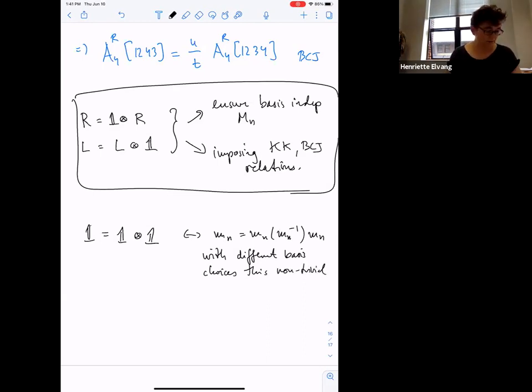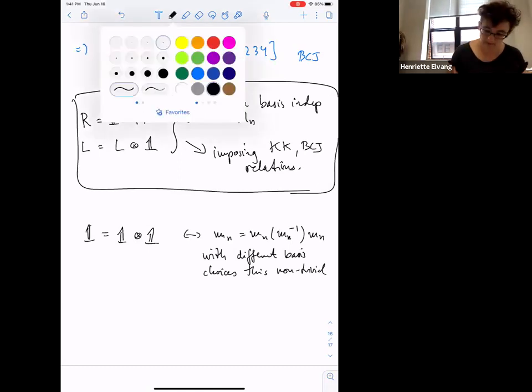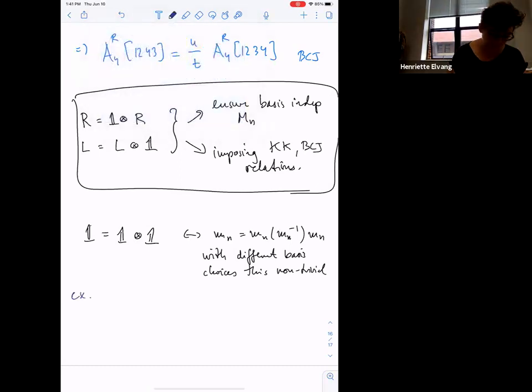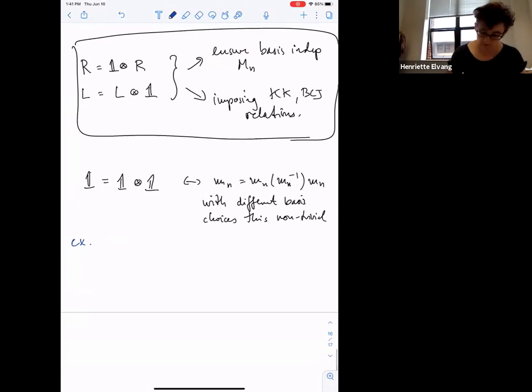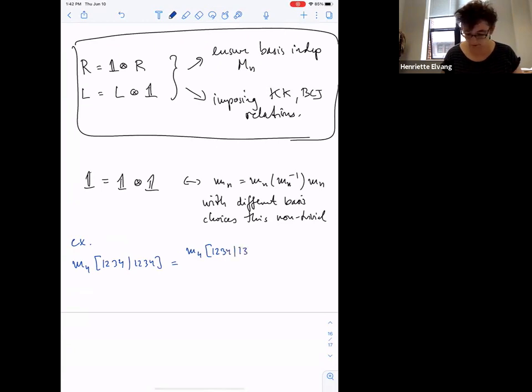It's non-trivial in the following sense, and I'll show you this by an example. So let me write out this equation here at 4 points. And I know it's a lot of writing 1, 2, 3 in different orders, but I want to illustrate this point. So I have my basis choice. And so far, everything that I've written down looks the same, but now I'm going to flip these two indices here.